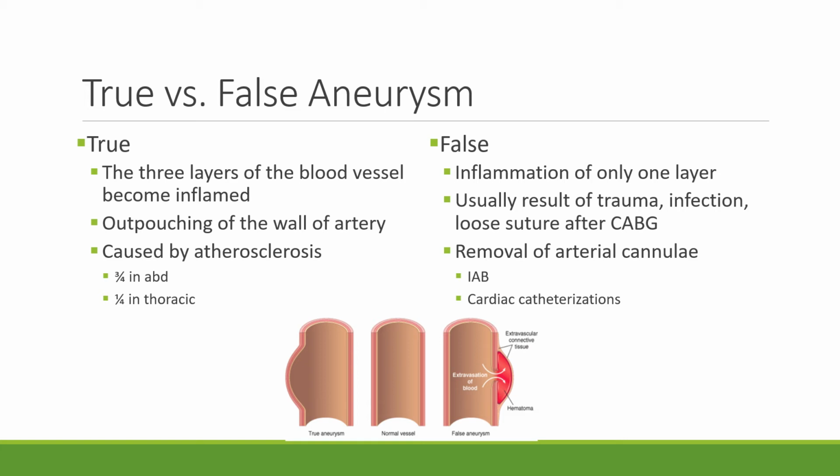They can also result from removal of various catheters or cannulas within the arterial system. Here we see the example of an intra-aortic balloon pump. When we remove that cannula, it can lead to a false aneurysm. Another one, which we will see more often, is removal of the arterial cannula during cardiac catheterizations.